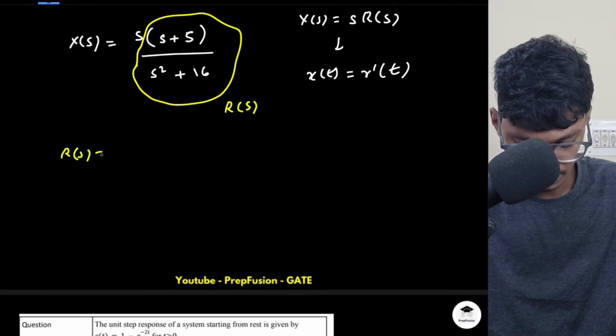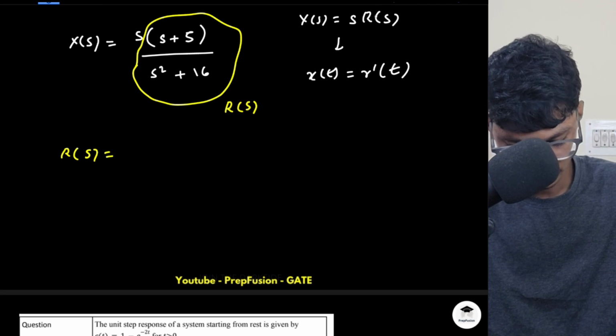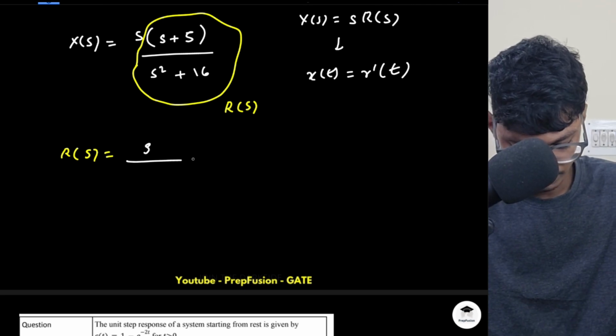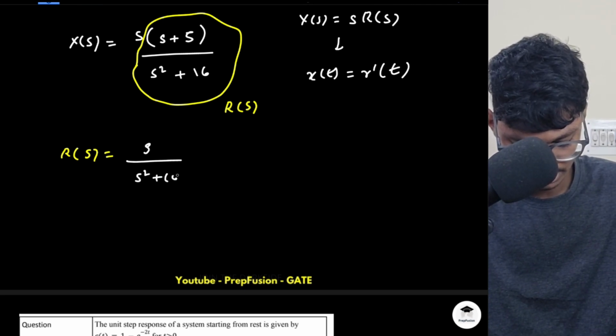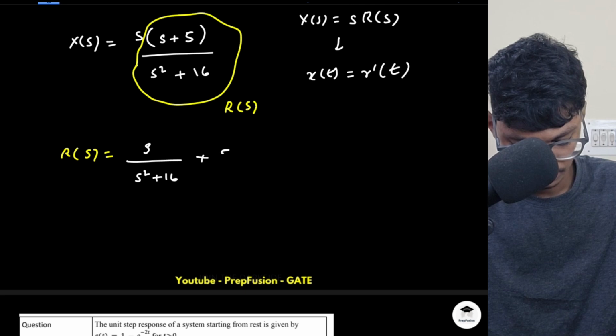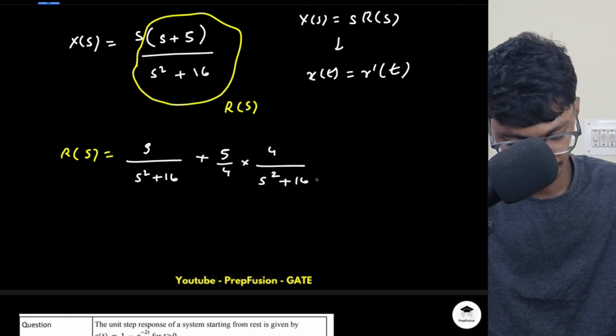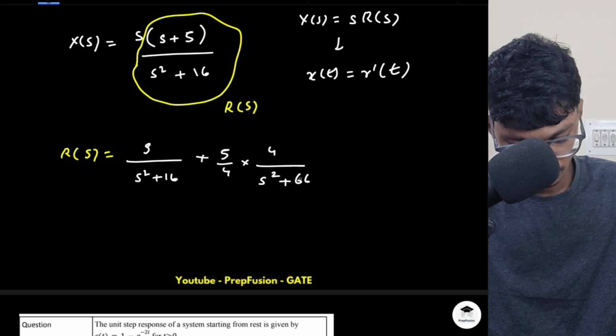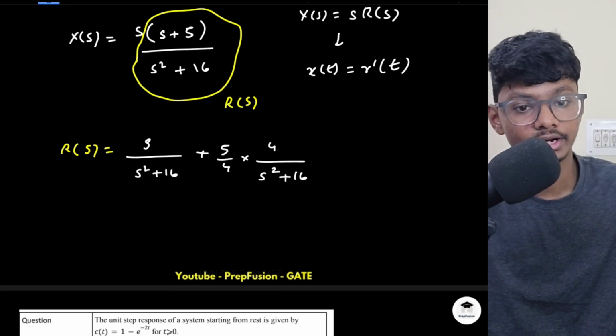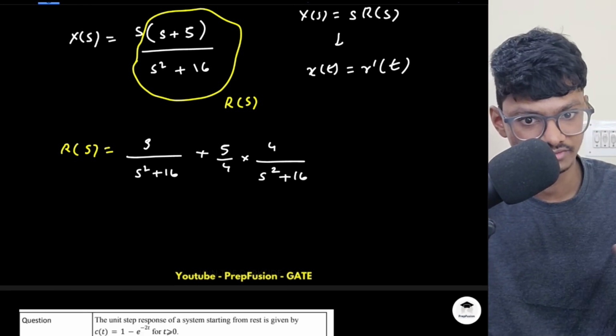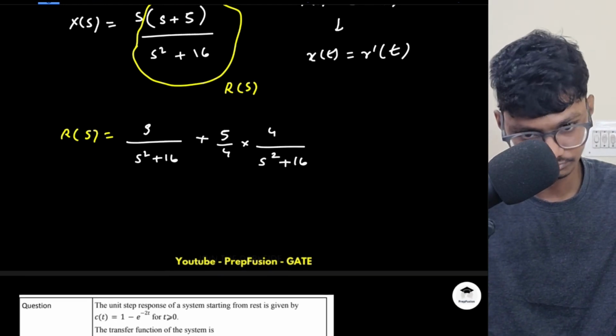What is my r of s? R of s is s by s square plus 16 plus, I can write, 5 by 4 into 4 by s square plus 16. Now if I take the Laplace inverse of this, what will I get?